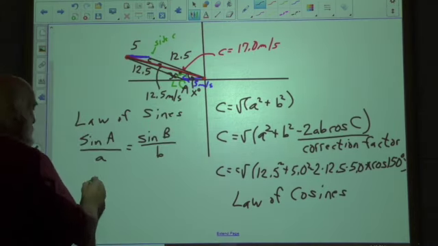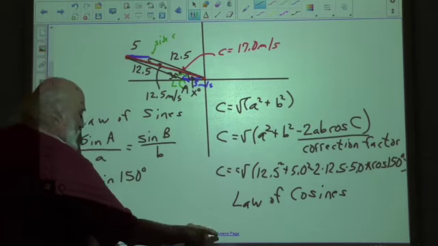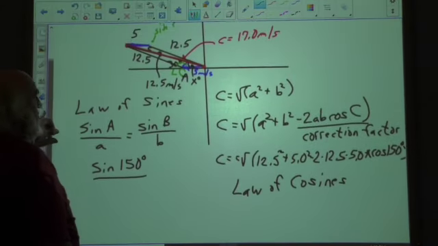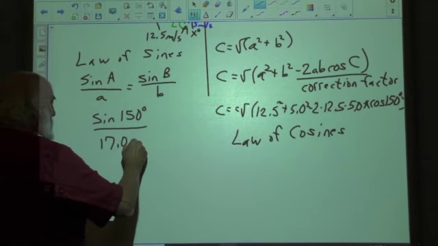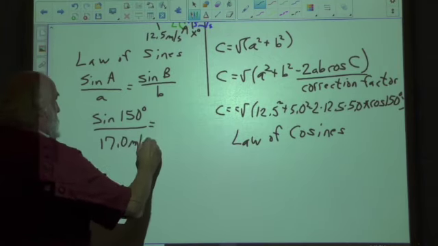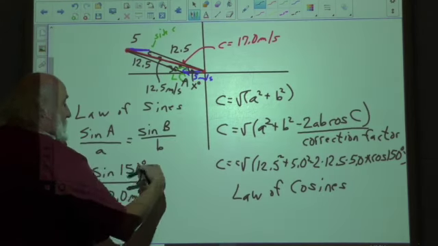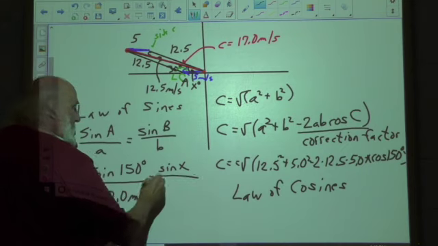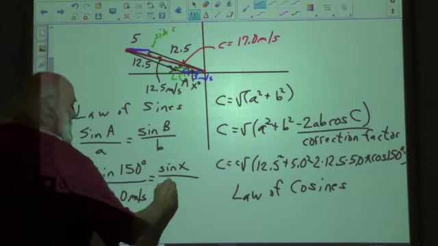All right, so that is 150 degrees. So that's a sine of 150 degrees over the side that is opposite that, which is the 17.0 meters per second, equals the sine of B. That's that sliver, that extra degree. In fact, I'll just go ahead and call that the sine of X. Why not? And the side opposite of that is 12.5.